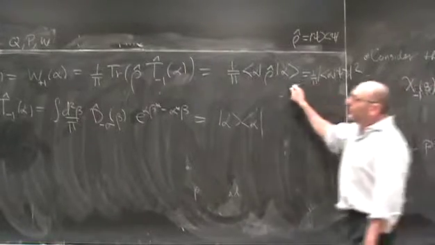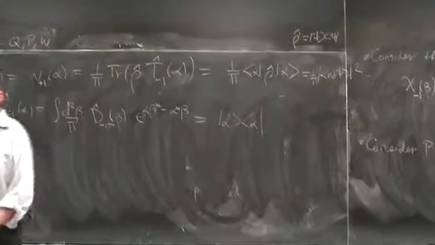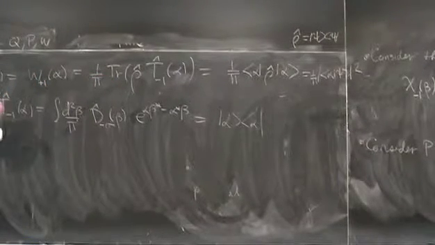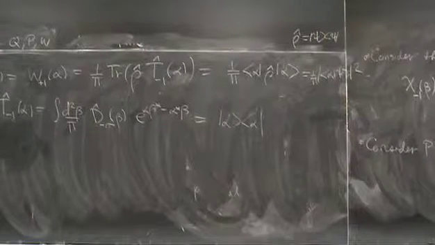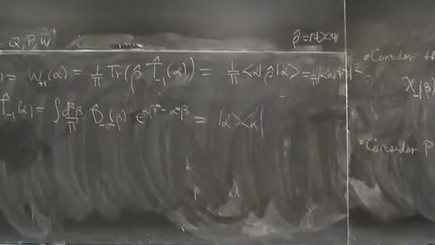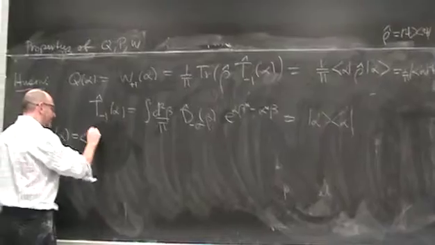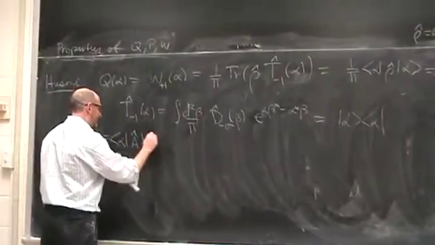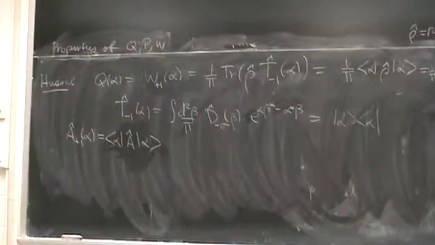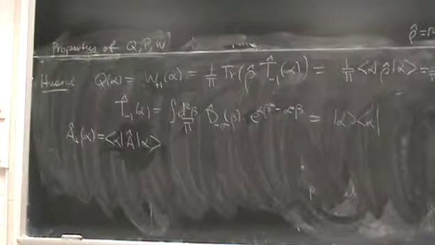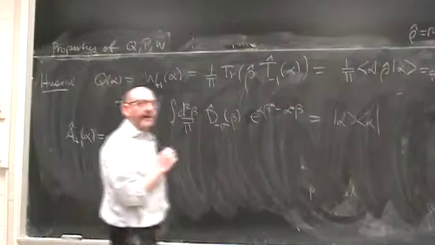So to get the normally ordered representation, all you really have to do is project on a coherent state. So A plus 1 of alpha is equal to that. Okay, so that's nice.